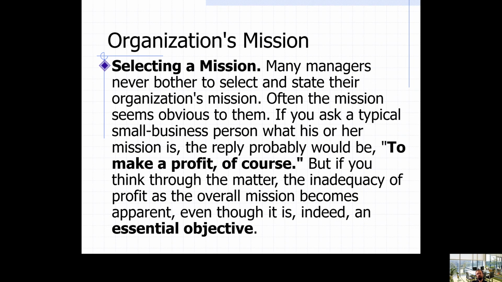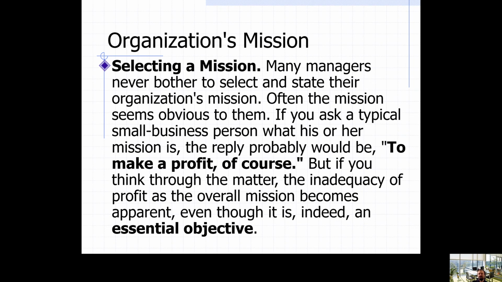I'd like to discuss briefly one mistake: to say that the main objective of an organization is profit. This definition of a mission doesn't provide us with the description of a need.